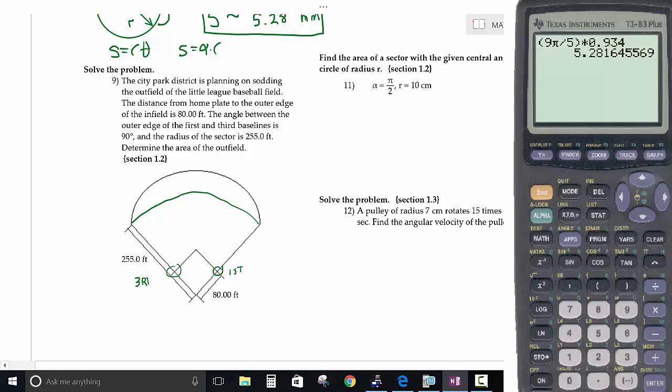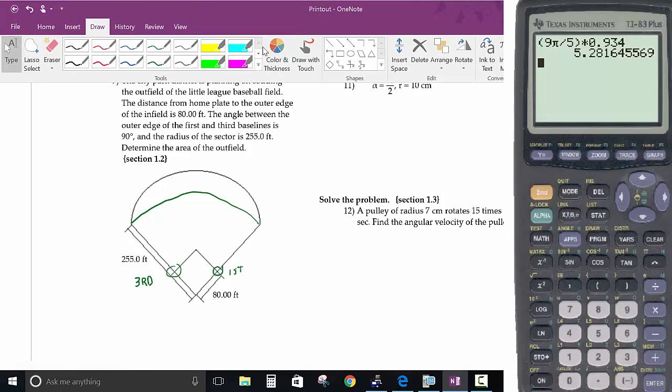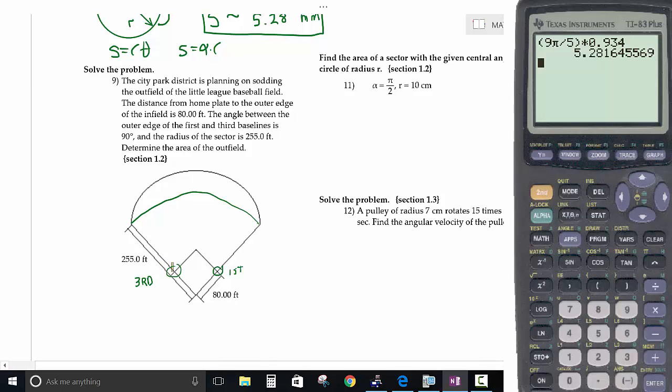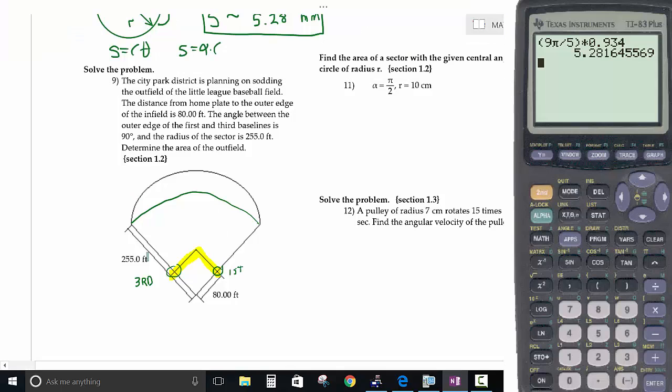And what they want to do is find the area on the outer edge of the first and third bases. So we want to look at this piece right here, and really this shaded region right here. So we're talking not about the whole thing, but this little piece in here, like that.